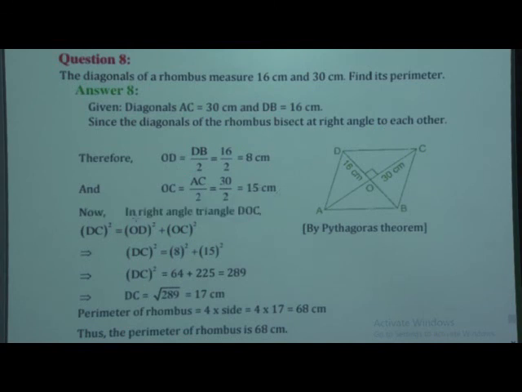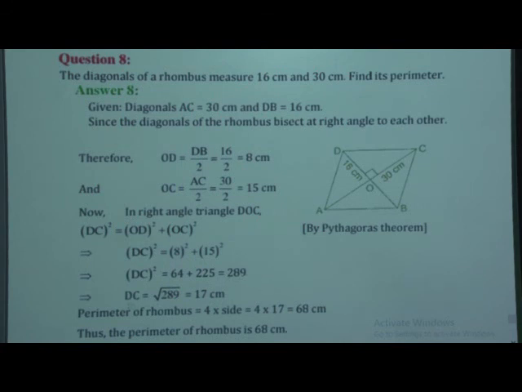So in this right angle triangle DOC, DC square is equal to OD square plus OC square. So DC square is equal to 8 square plus 15 square. The square of 8 is 64, 15 square is 225, and the sum of these is 289.